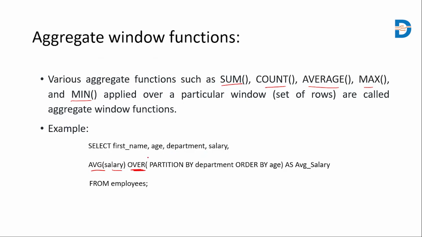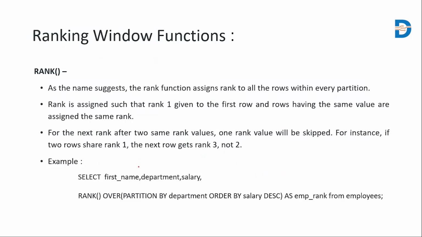Within the parentheses after OVER, we define the window. After getting that query, we give a new name, average salary, and then the table name. Then we can use ranking window functions.